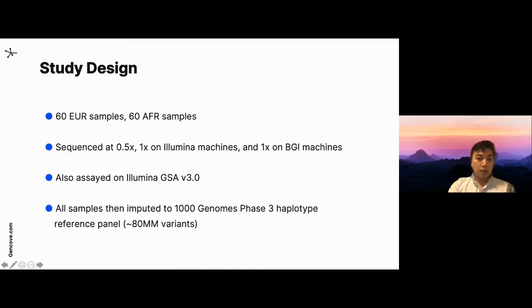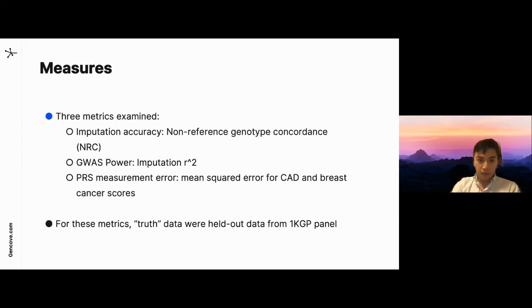And we also assayed these same individuals on the Illumina GSA version 3, which is the most recent version, with the most recent global variation that's known incorporated into that particular physical assay. And once we assayed all these individuals, whether by sequencing or arrays, we then imputed all of these data to the 1,000 Genomes Phase 3 haplotype reference panel, which, as I mentioned earlier, comprises around 85 million variants across the genome, including both SNPs and indels.